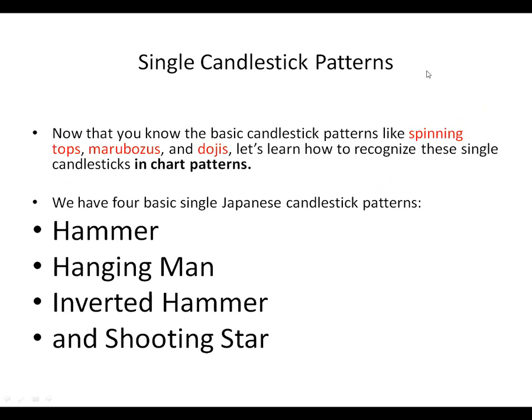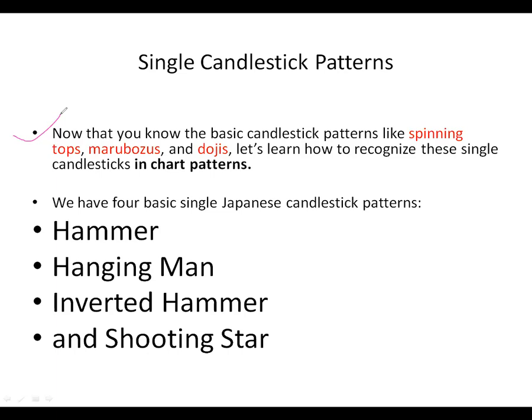Now that you know, we are reading the notes. Now that you know the basic candlestick patterns like the spinning tops, the marubozus, and then the dojis, let's learn how to recognize these single candlesticks in chart patterns.